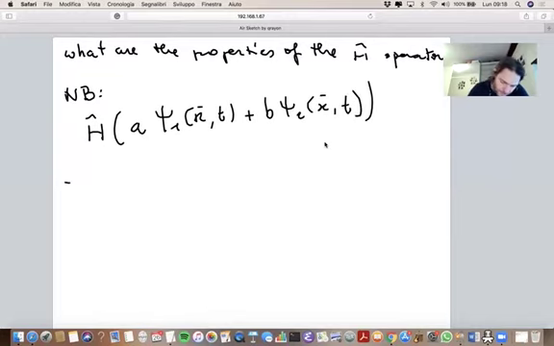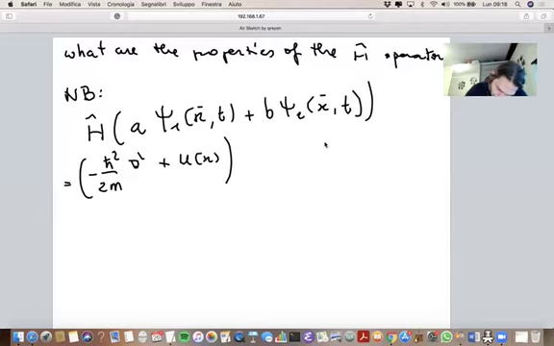Well, now, if you remember well, let me spell out things a bit pedantically, but there's no reason to skip steps at this level. Let me explicitly write the dependence on x and t of this psi1 and psi2 function.